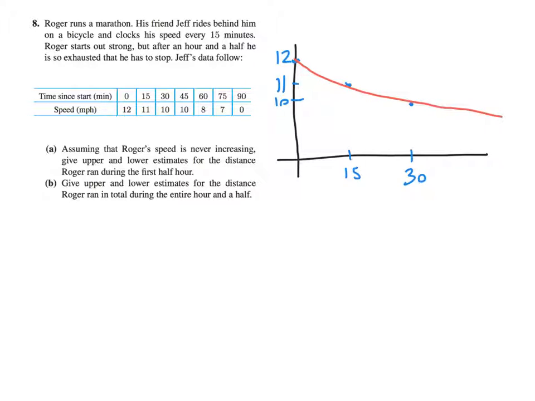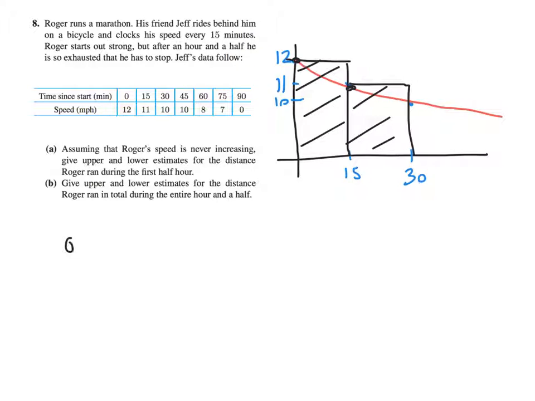Now if we take a left-hand sum, our first data point would be at 0, and then the next data point for the first half hour would be at 15. So we would compute this. Since the speed is always decreasing, we would get a clear overestimate.